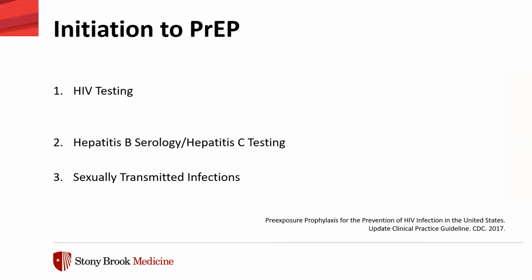Now, before we begin patients on PrEP, there are specific monitorings that need to be completed. So we always need to have HIV testing, hepatitis B serology, and hepatitis C testing, as well as STIs. The question that I now have for everyone on this chat is, let's say we have a situation where a patient reports being interested in starting PrEP.